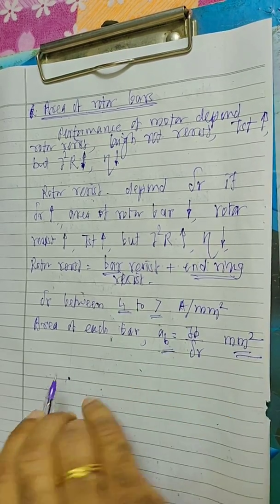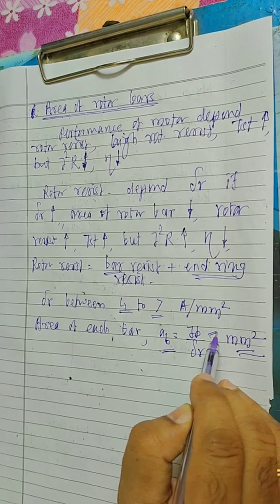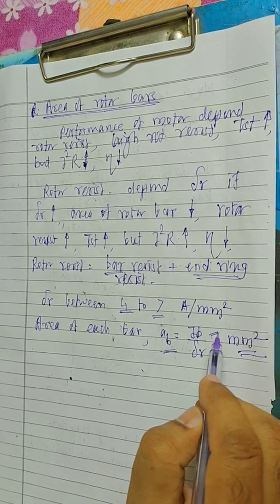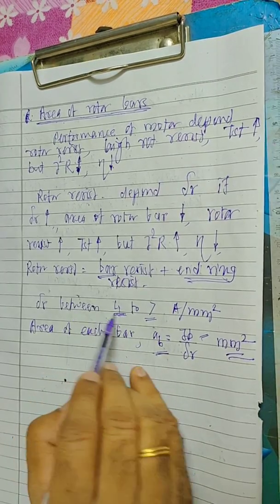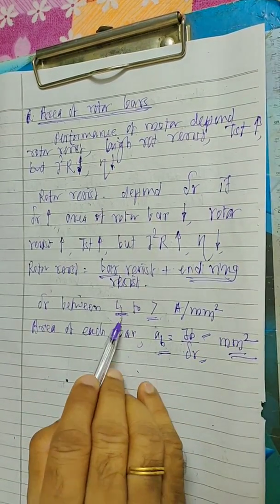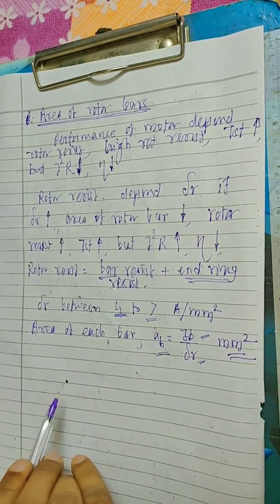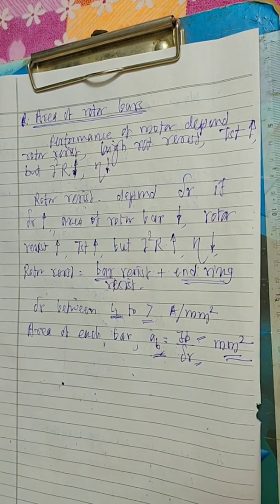This way you can calculate. So first calculate current in rotor, current in bar, then select a suitable value of current density in the rotor. Bar current divided by del R gives the size of each bar in mm square.